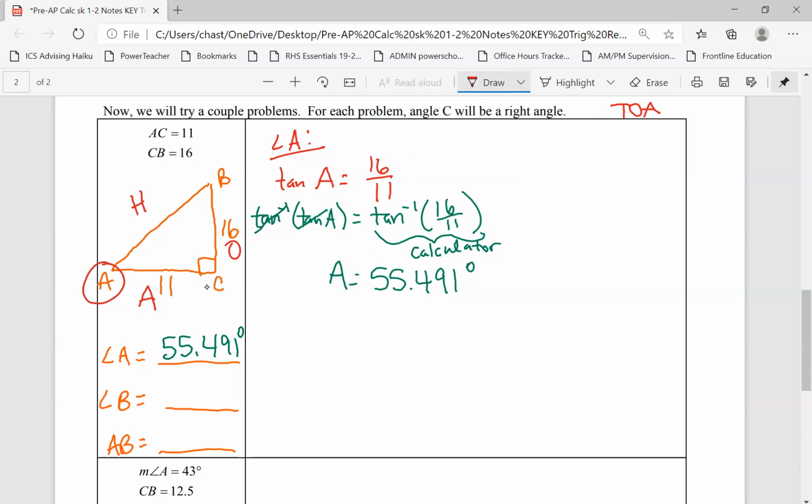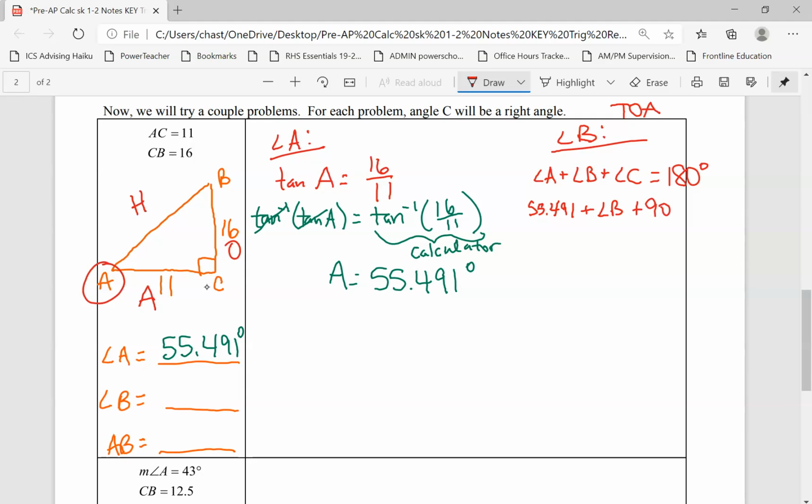Now that I know the angle A is 55.491, that makes it really easy to find angle B. I don't need to use any sort of trigonometry for this. We know that angle A plus angle B plus angle C has to add up to 180 degrees. We know that from geometry. The three angles in a triangle add up to 180. Well, angle A we just found as 55.491. Angle B is unknown.